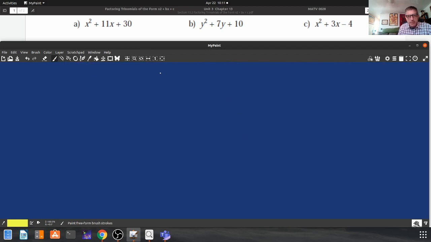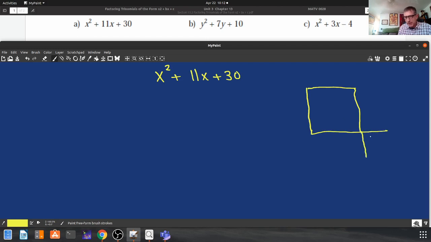So here's my polynomial I want to be factored: x squared plus 11x plus 30. Our method is going to be to draw, it's kind of like a tic-tac-toe board, but it's got a little bit of extra space here. There's a little bit of a lip right there, but this is just 4 squares like that.